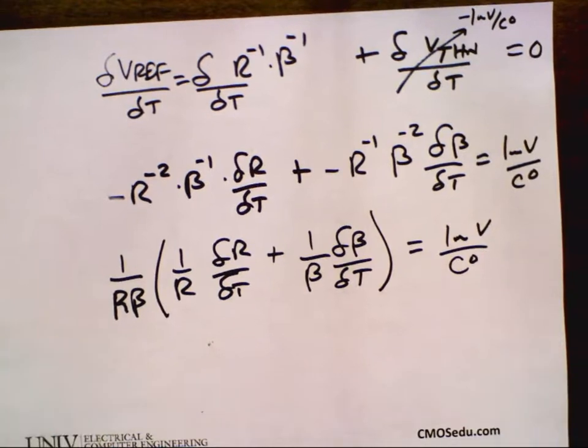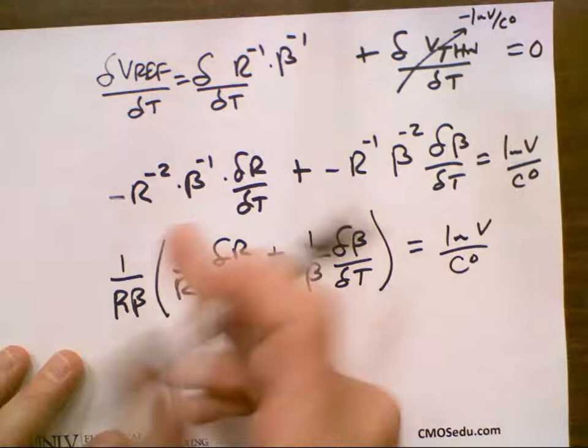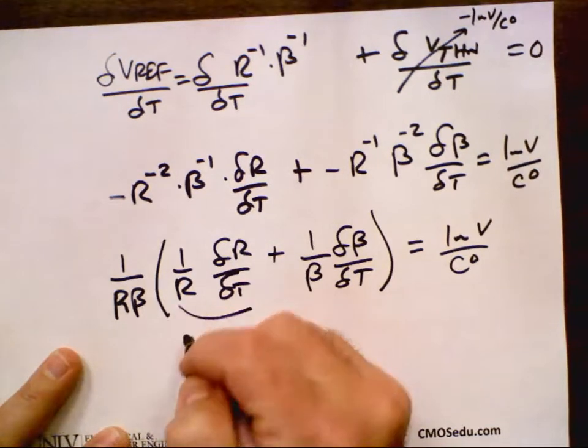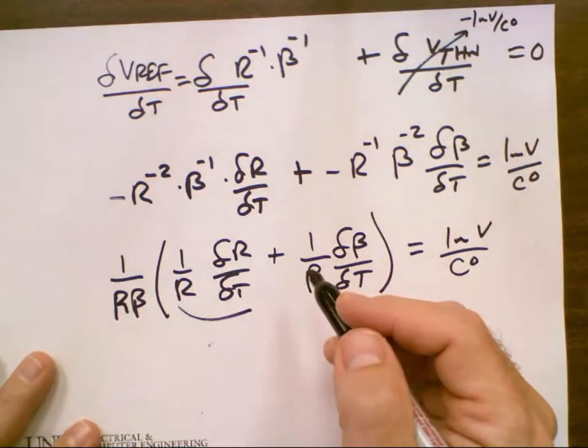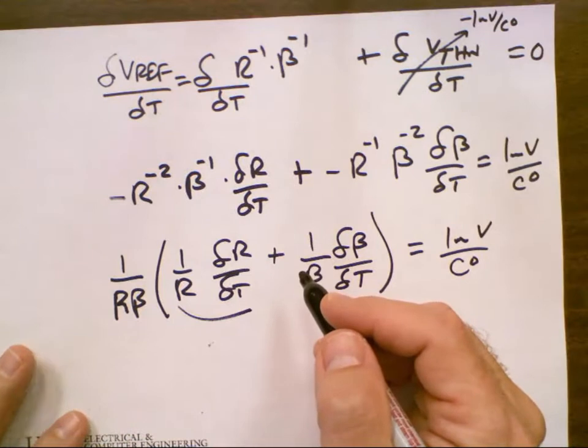Okay, so I'm going to assume that my resistor TempCo is 2,000 parts per million. So this I'm going to replace with... is everybody following?